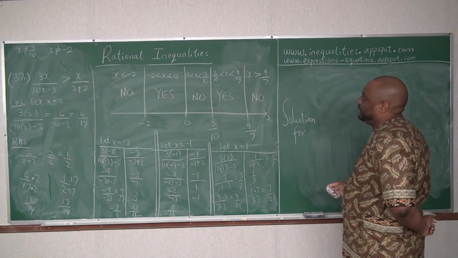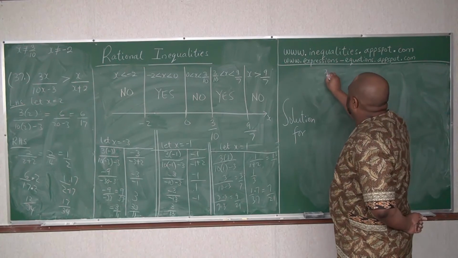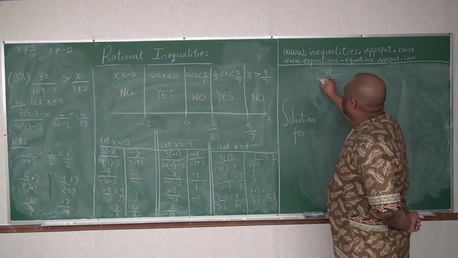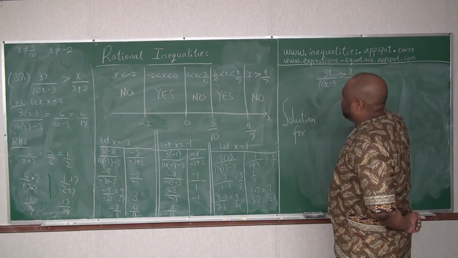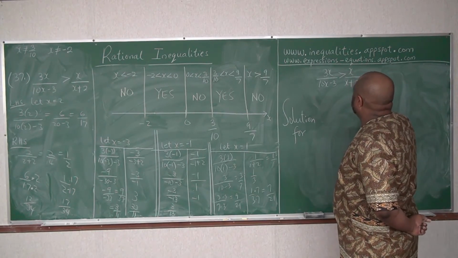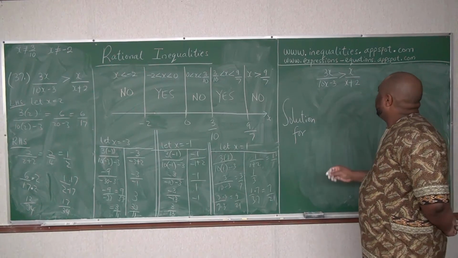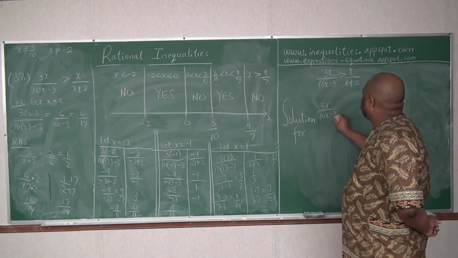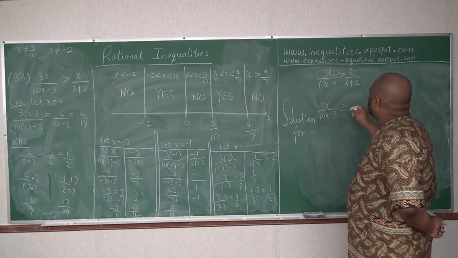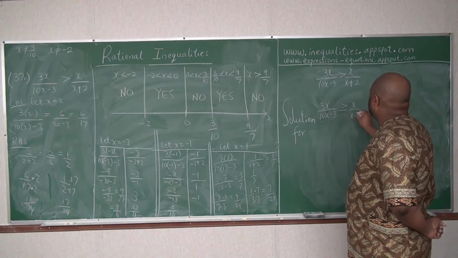So we have the solution for 3x over 10x minus 3 greater than x over x plus 2. Then we have 3x over 10x minus 3 greater than or equal to x over x plus 2.